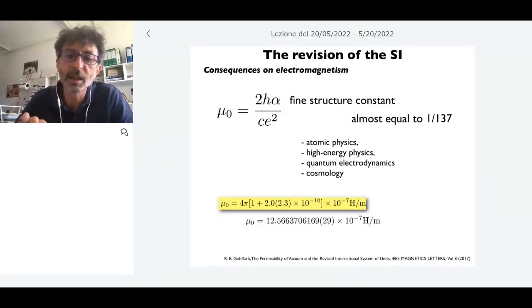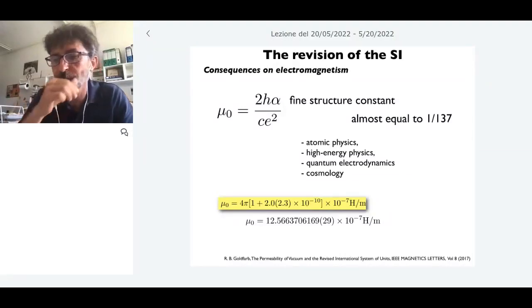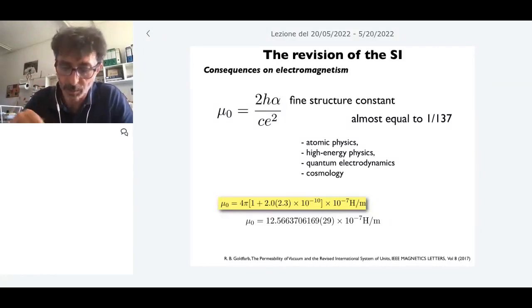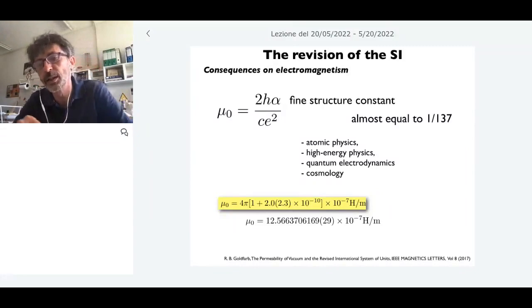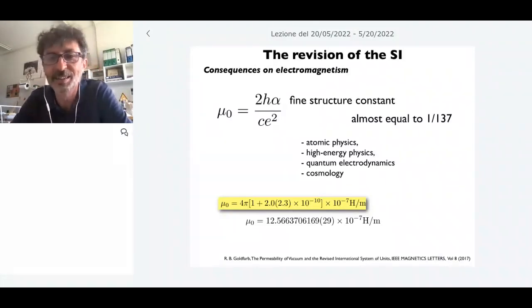So in the end, this is probably a good compromise. Even so, if mu0 is measurable, so it's not fixed, then also our meaning of B field and H field is quite unclear, because they are not just the same thing in vacuum.